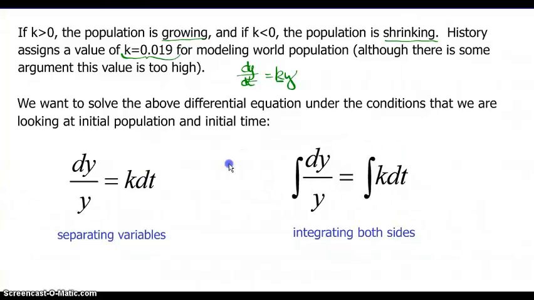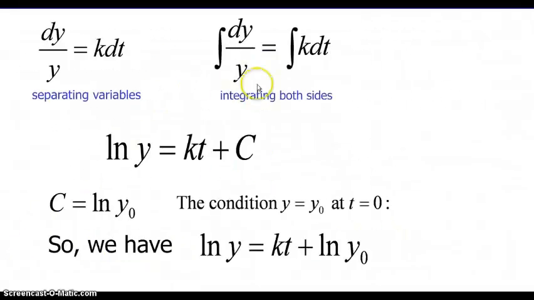And so again, here on the left-hand side, hopefully you can see that's 1 over y dy. So this is the derivative for the natural log function. So the antiderivative is going to look like this. On the left-hand side, we have the natural log of y. What did we take the derivative of with respect to t to get k for an answer? That was k times t. We have to remember to put our plus c.